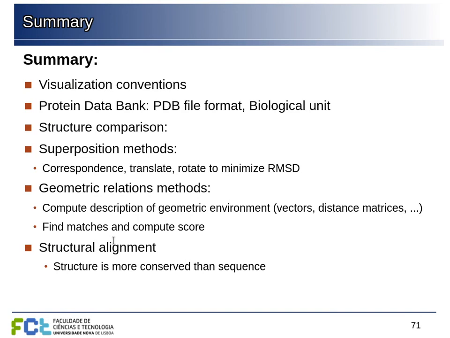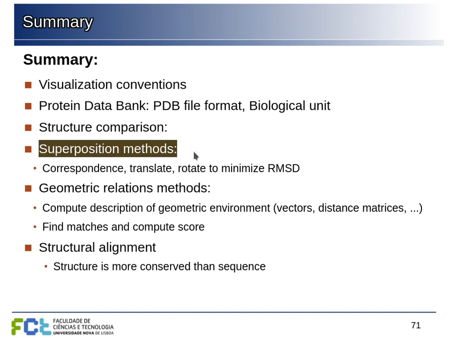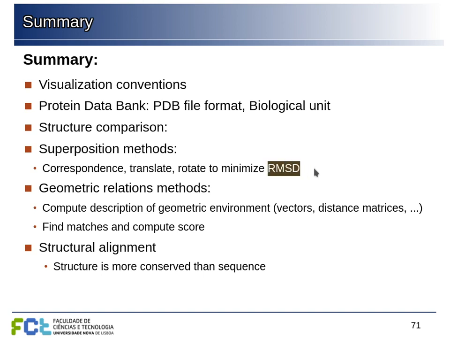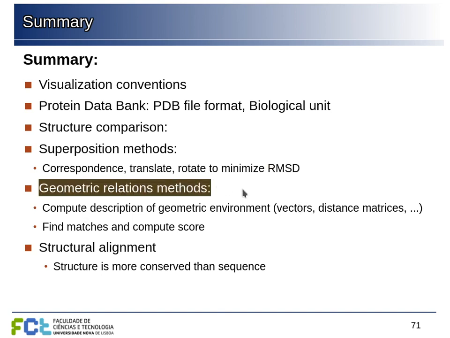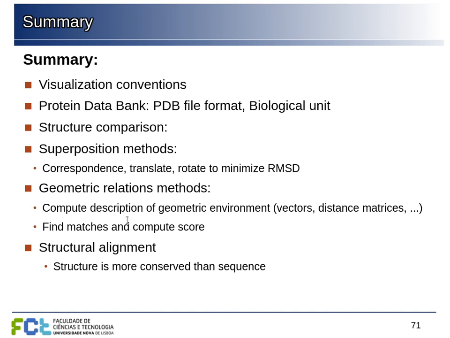Then we saw the problem and motivation for comparing structures, in which we have superposition methods where we first rotate and translate one protein to superpose with the other and then compute the residual distance between the proteins, or methods that look at geometrical relations, for example distance patterns between the atoms, and use that as a way to measure differences between proteins, and also for structural alignment.